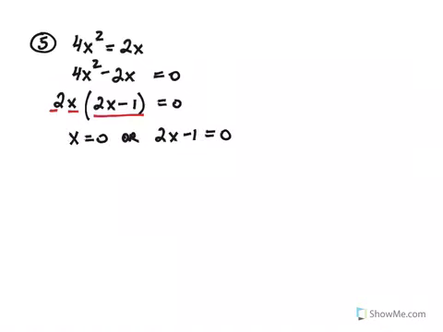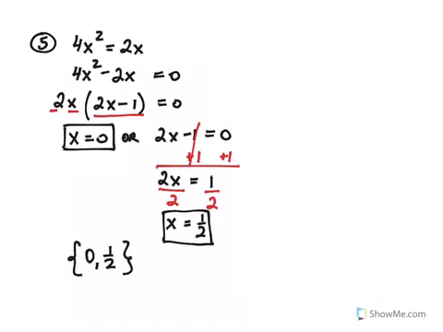There are two possible solutions to this equation. One of them is x equals 0, because there's nothing I need to do to solve it. It's already solved. My second equation requires some work. I solve for x to get 1/2. Therefore, the set of possible solutions for this equation is 0 and positive 1/2.